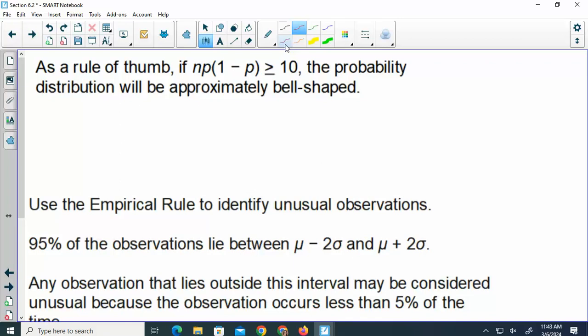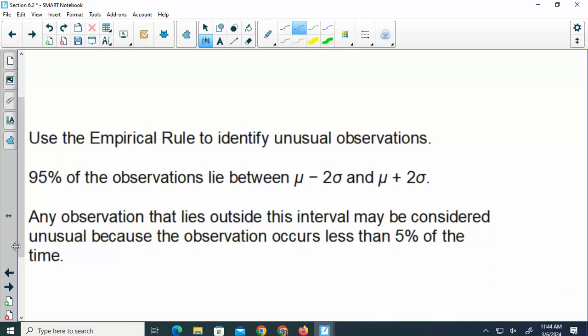That means the probability of being more than that or less than that has to be 2.5% higher, 2.5% lower. So if you're in that window, you would be considered unusual. If I'm trying to find any unusual data, if it's big enough to be bell-shaped, then we could say if it's more than 2 standard deviations, that would be considered unusual.